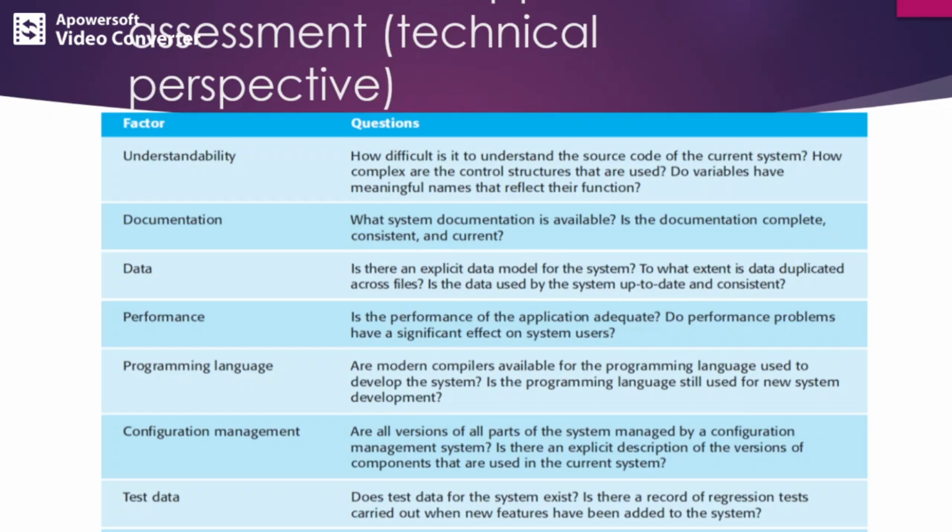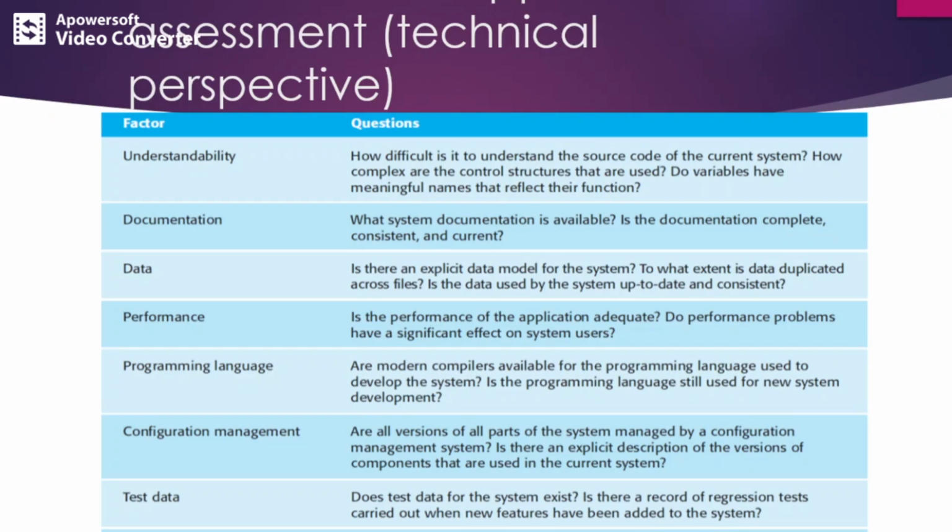Okay. Next, the test data factor. Test data is what you supply during the testing process, isn't it? So does test data for the system exist? You need to know whether the test data is available for your system. Is there a record of regression tests carried out when new features have been added to the system? This is related to your testing process.